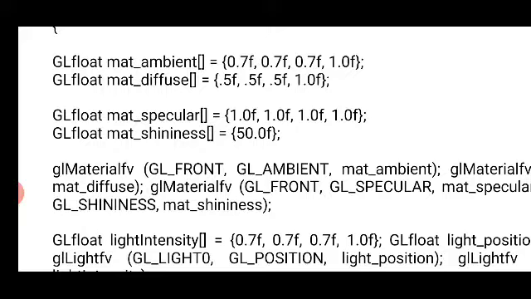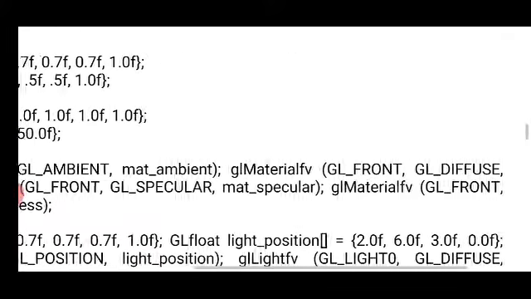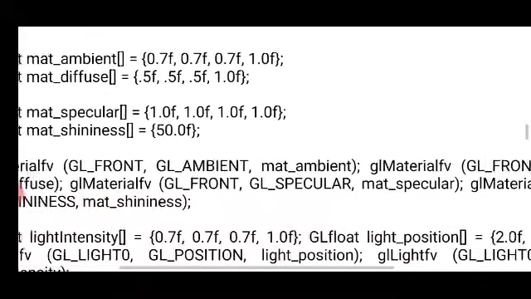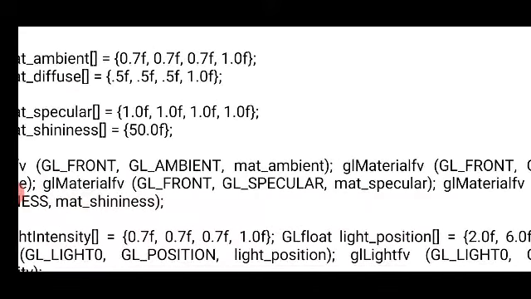And for setting the ambient property we are going to use a constant GL_AMBIENT, and we are going to pass an array name where we have saved the value for that ambient. Similarly we are going to set the diffuse, specular and the last one is shininess.